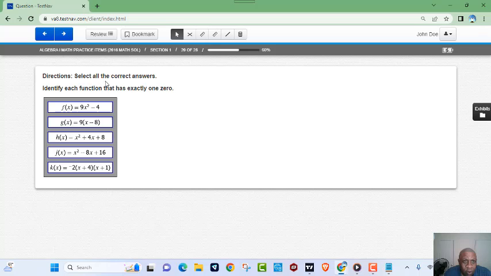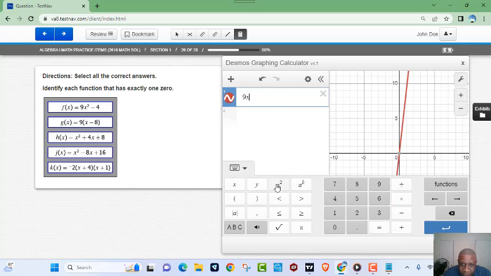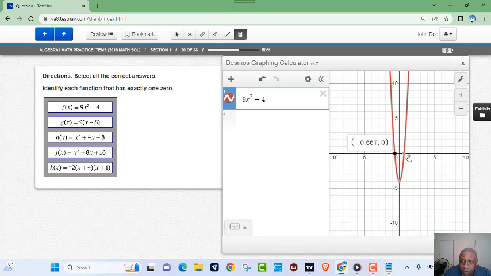Okay. Select all the correct answers. Identify each function that has exactly 1 zero. All right. So let's go back and let's just graph each one and see. So 9x squared minus 4. Nope, that has 2 zeros.